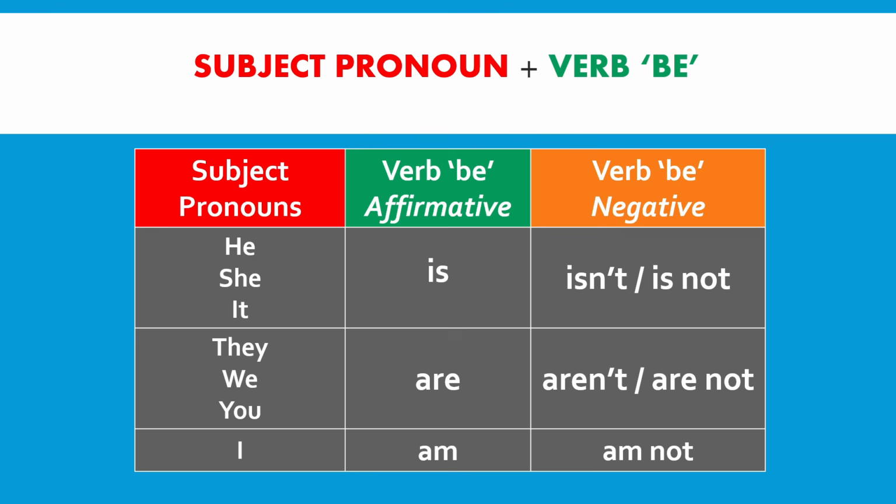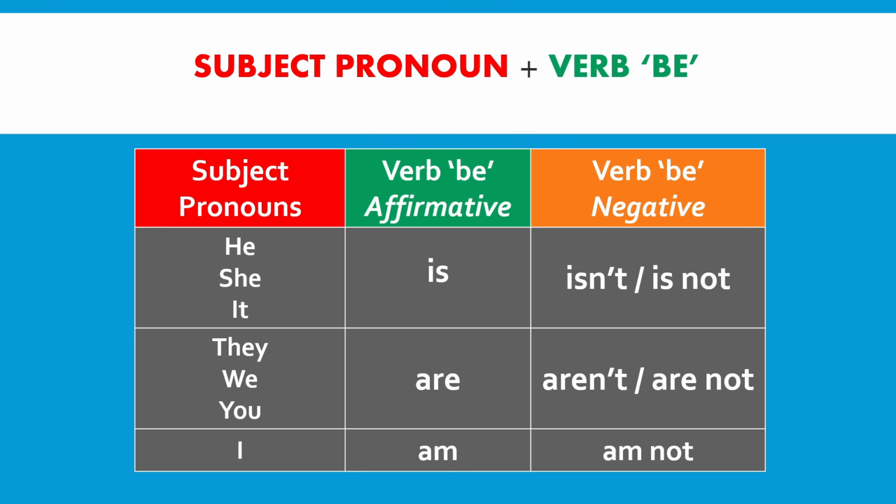And why is there a green column and also a yellow column? This is because verb be can be used for an affirmative statement or a negative statement. What is affirmative statement? Affirmative statement means you say yes to something, whereby a negative statement means you say no to something.